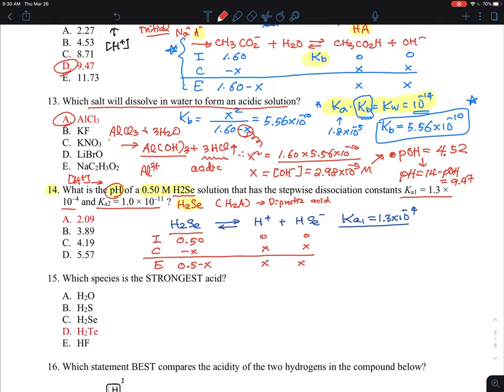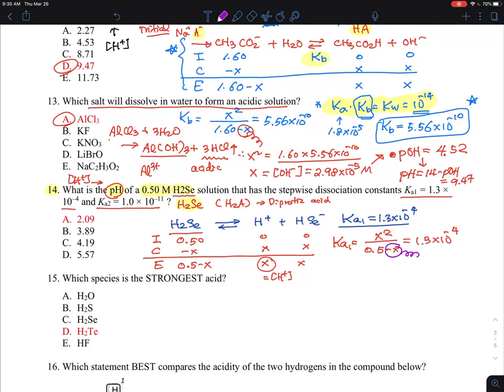Now you're getting the usual, right? Ka1 is X squared over 0.5 minus X. And I want to know my X squared, which is a concentration of H plus. So from the 1.3 times 10 to the minus 4, I can do the usual: compared to 0.5, X should be very small because this is a weak acid, right?